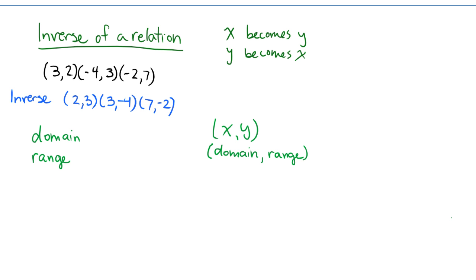So if we look at this relation here, (3, 2), (-4, 3), and (-2, 7), our domain is our x values, and so we would say that it's 3, -4, and -2. And our range is 2, 3, and 7. So when we talk about domain, we're talking about our x values, or our first values within our ordered pair, and our range is our second value, or our y value.